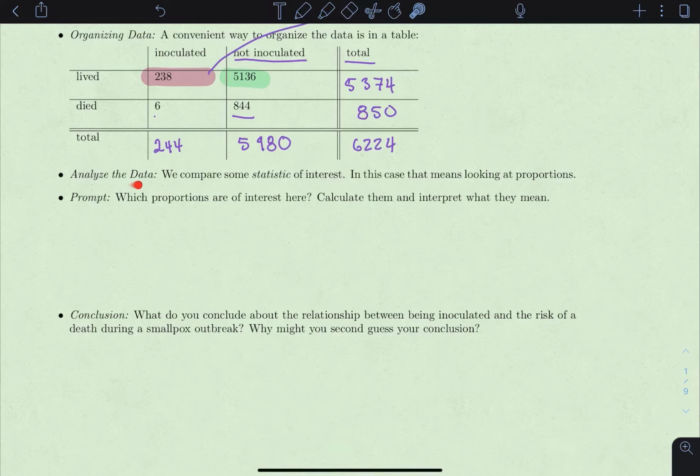The next thing we want to do is analyze. And in the case of this study, we want to compare numbers, some statistics. And in this case, we're going to look at proportions. So our prompt tells us to identify those proportions.